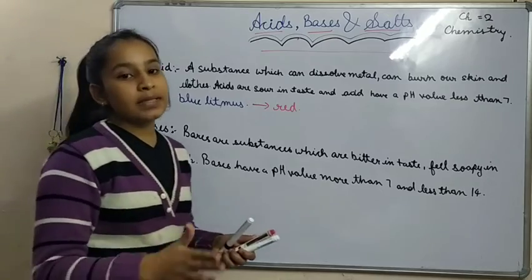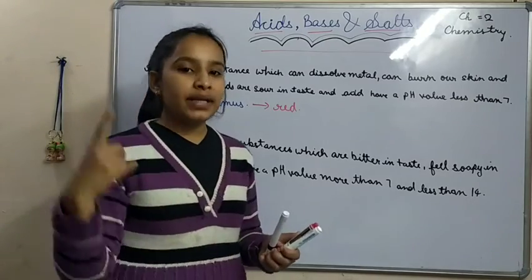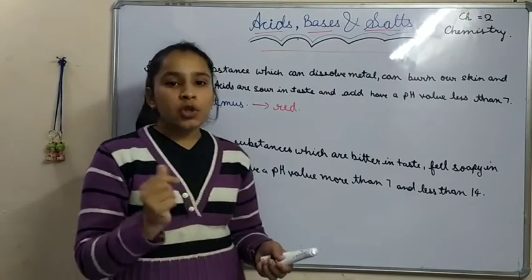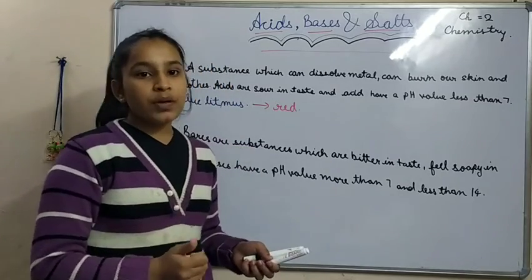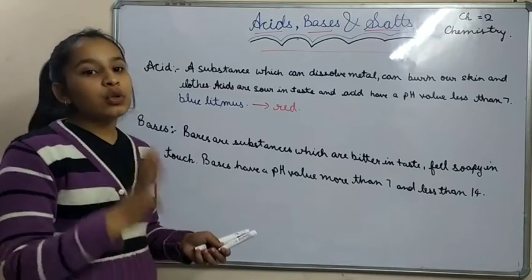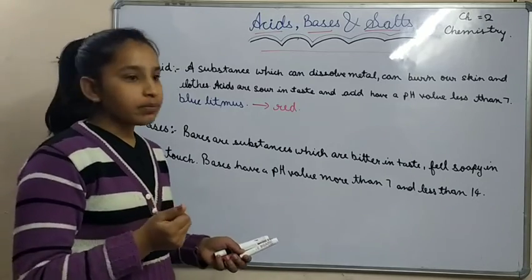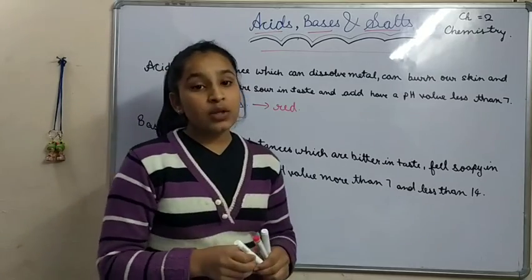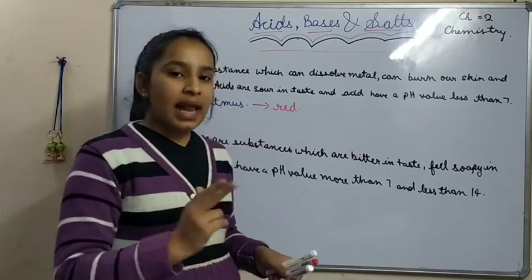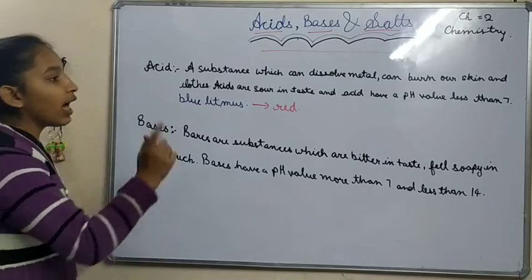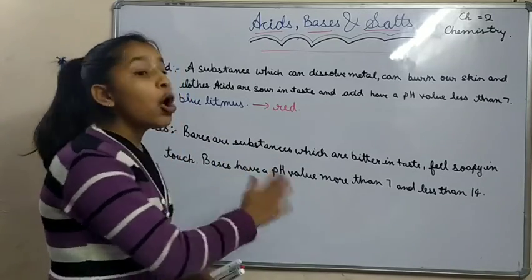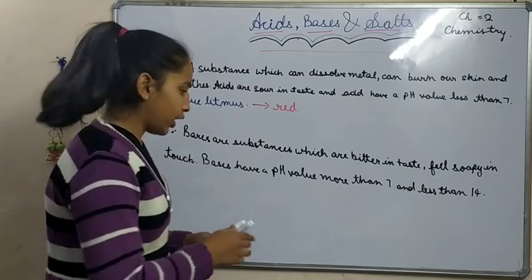This is the definition of bases. Bases are those substances which are bitter in taste and soapy in touch. For example, soap contains bases, and when you touch soap it is soapy, means it is very soft. Acids have a pH value less than 7 and bases have a pH value more than 7 and less than 14.